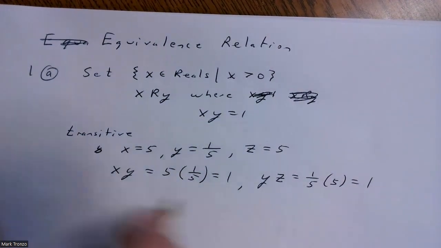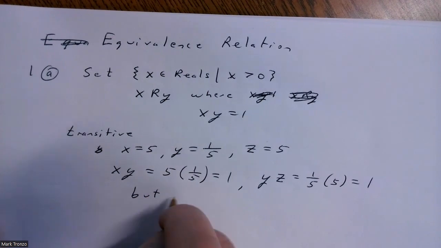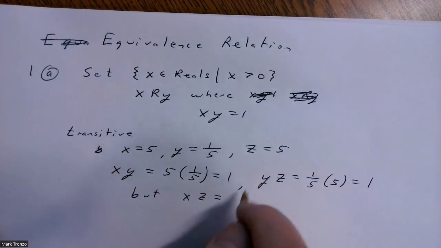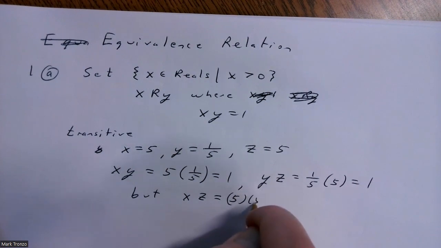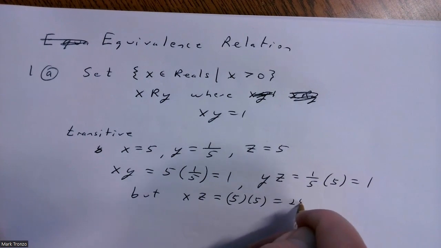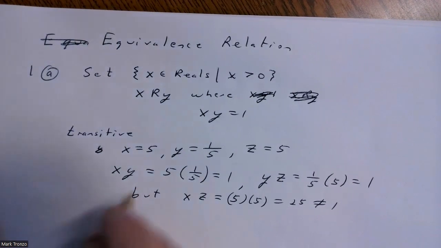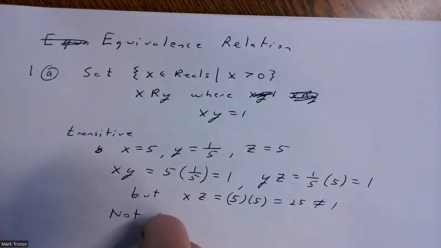So they're related, but if you do XZ, that would be 5 times 5, which is 25, which is not equal to 1. So we'd probably say something like that. So this is not an equivalence relation.